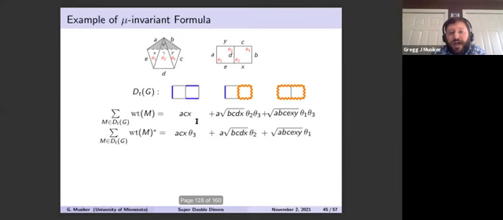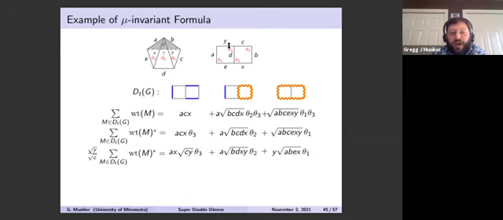You would do the toggle involution, which would include or not include a theta 3. And then you would multiply by square root of y over square root of c. That in turn is equivalent to what you would get if you expanded out the square root of a times the square root of gamma, the edge from this corner to that corner, times the mu invariant.